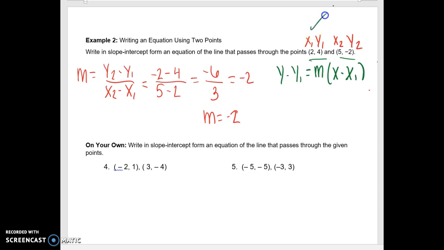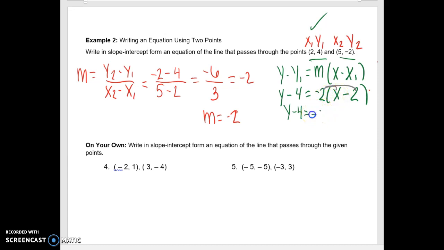So I'm just going to use my first point right here. So my y stays put, but my y1 is 4. My slope we already said was -2. X minus my x1, which we said was 2.